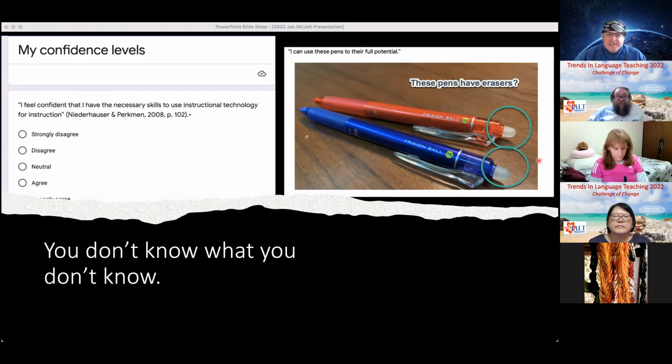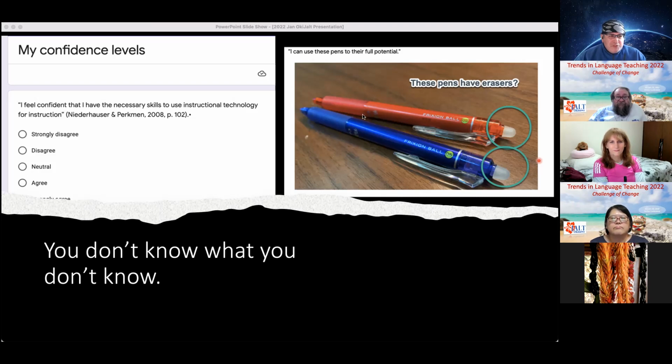And I'm just going to see, I do have 3 responses on the survey, and I can use these pens to their full potential. Well, one person said agree, one person was neutral, and one person was strongly agree. So we have an equal pie here, 33.3%.